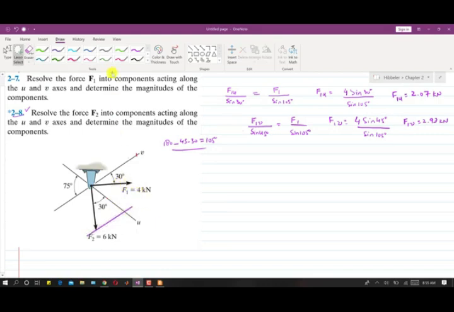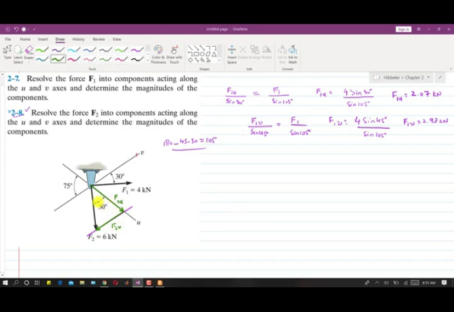Now if I resolve this force into its components, one component will be from here to here. This will be one component, and then this one will be another component. This component is acting along u, so this will be F2u, and this one will be F2v, right?